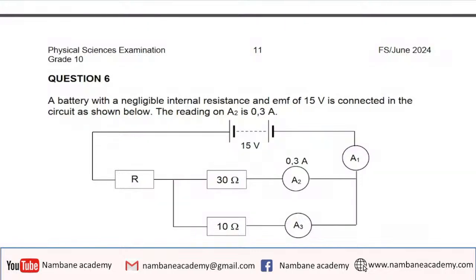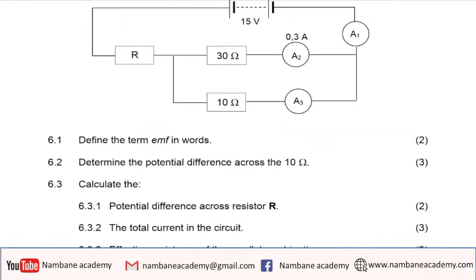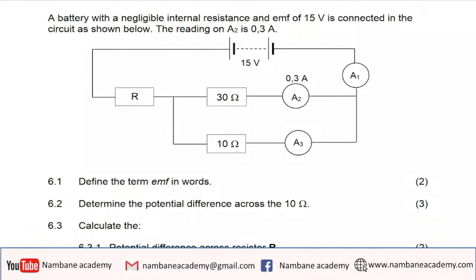Question 6 is about electric circuits. It says there a battery with negligible internal resistance and EMF of 15 is connected in the circuit as shown below. The reading on ammeter A2 is 0.3 amperes. 6.1, define the term EMF in words.